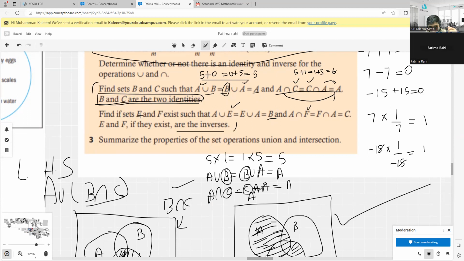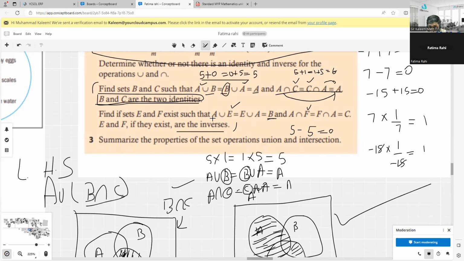These two lines are a single paragraph with the same situation. Here we already declared that B and C are identities. B is the union identity, C is the intersection identity, right? So when we operate two numbers and we get the identity, like if I operate 5 and minus 5 and I get the identity, this means that 5 and minus 5 are inverses.